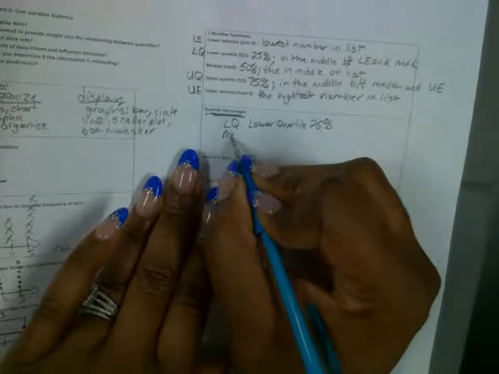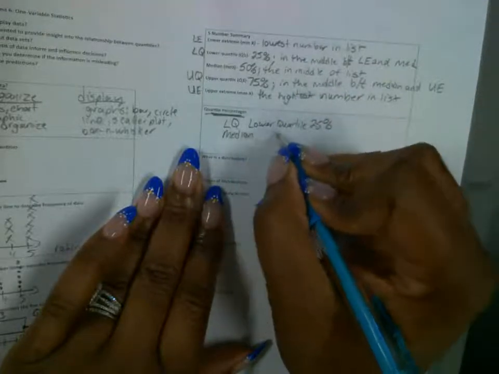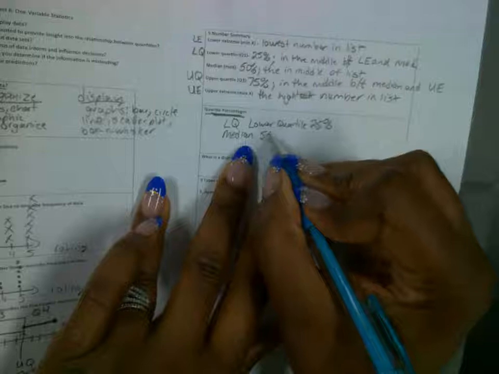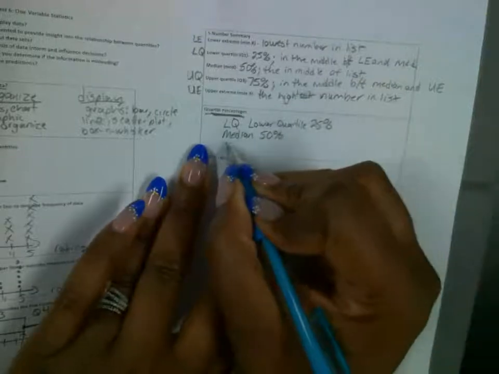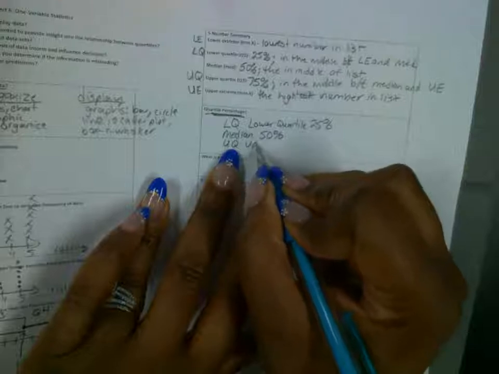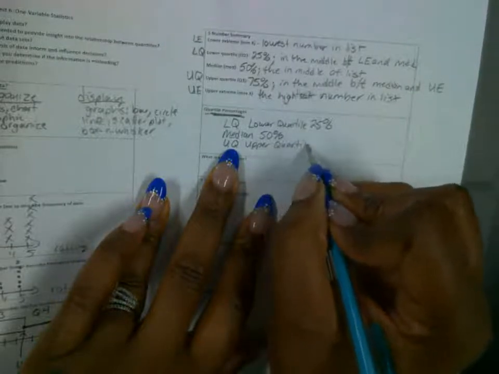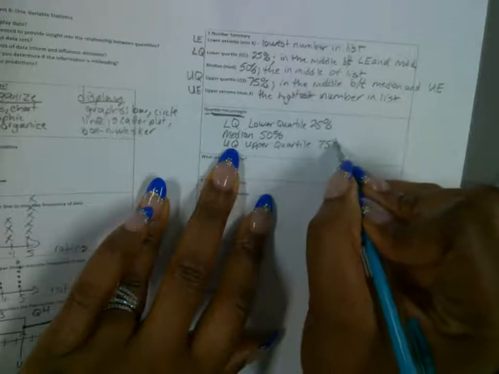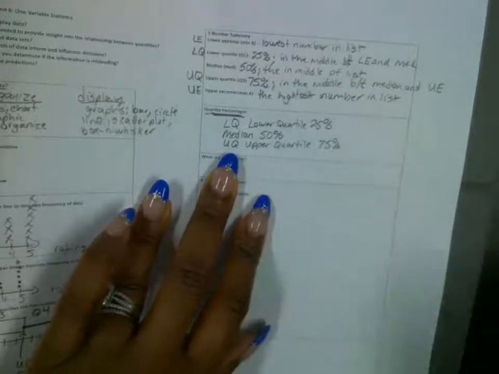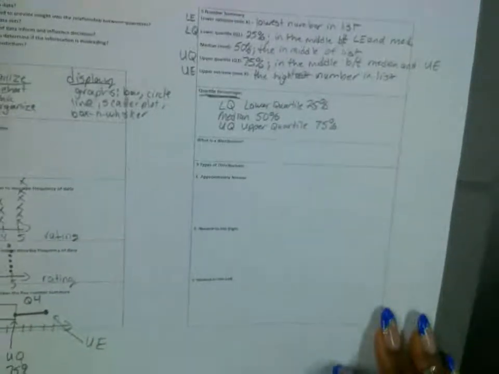Then we got the median. What's the median? 50%, the 50th percentile. Your UQ, what does that stand for? Upper quartile. What percentile is that in? 75%. So that number is in the 75th percentile. Questions, comments, or concerns?